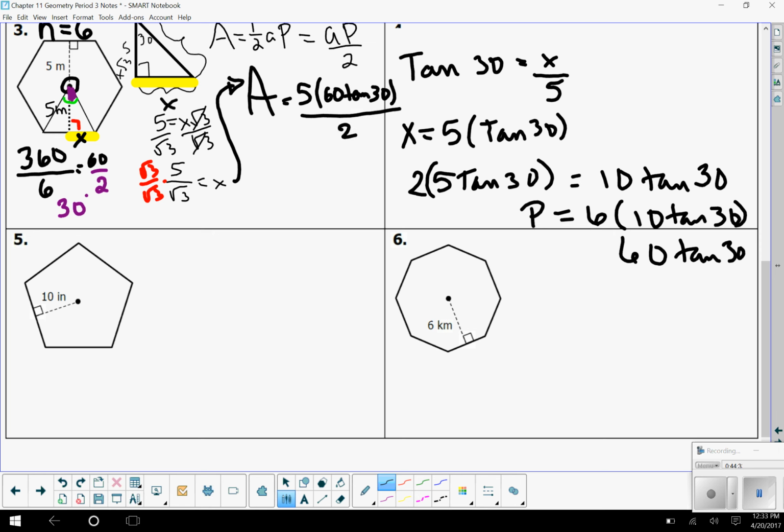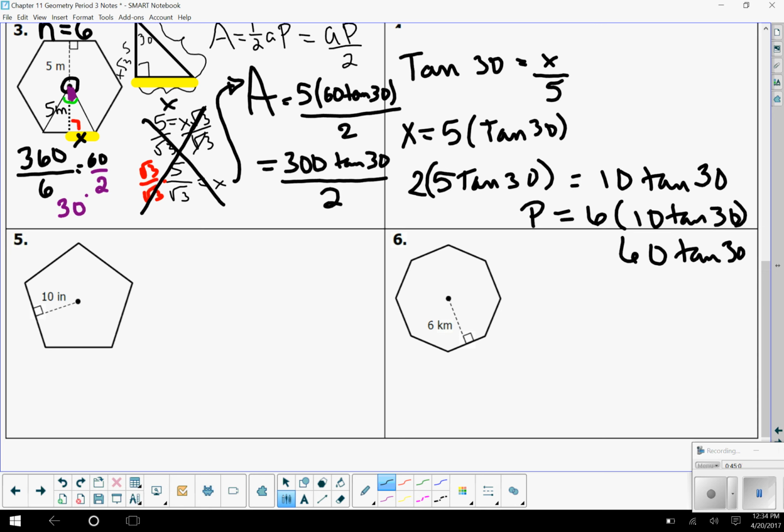So what's 5 times 60? 300 tan 30 over 2. And that's more doable in your calculators than the rad 3. So if anything, you might want to get rid of this part and just do your sine, cosine, tangent. That might be something you might be okay with.